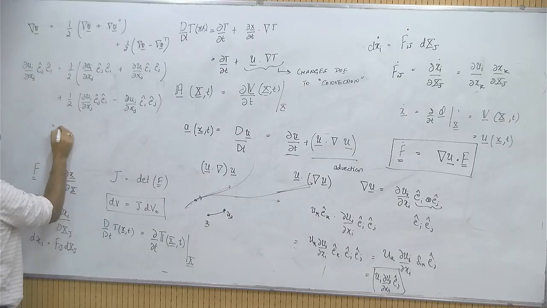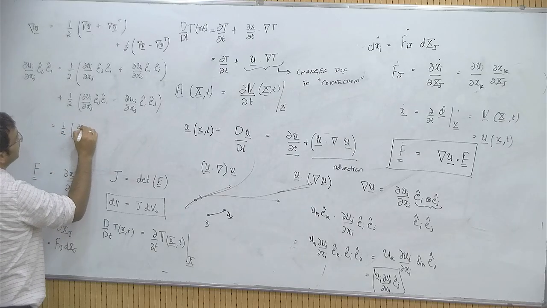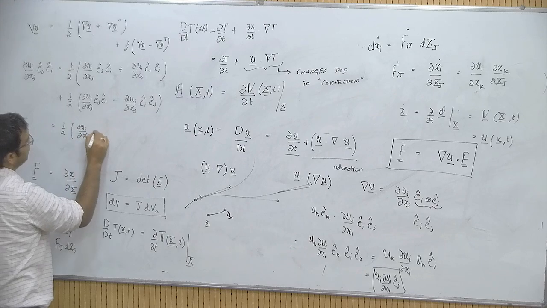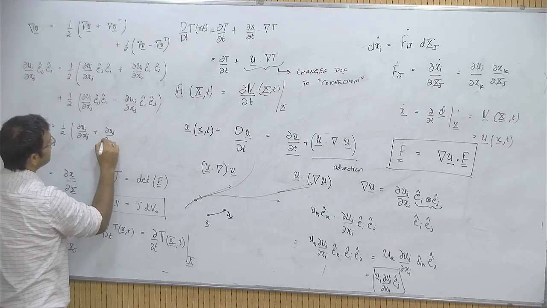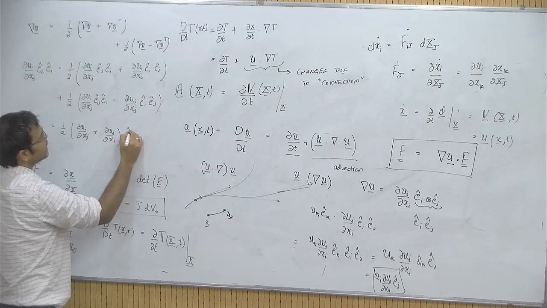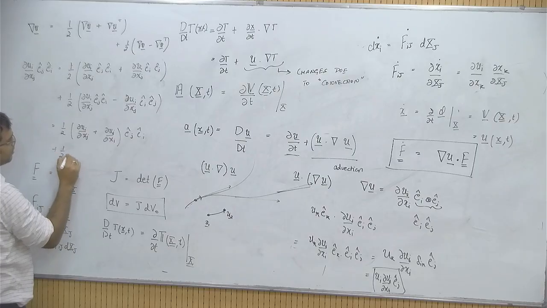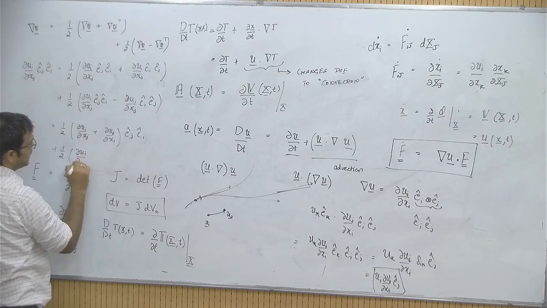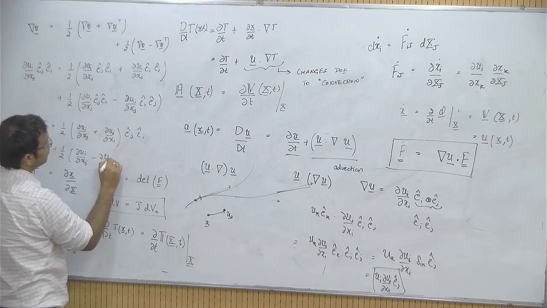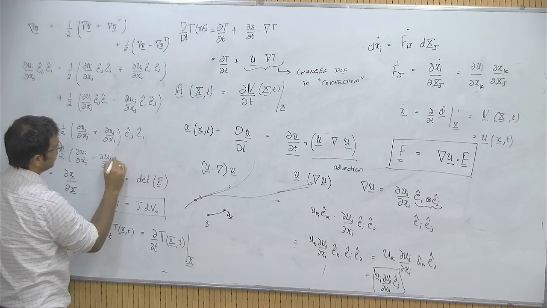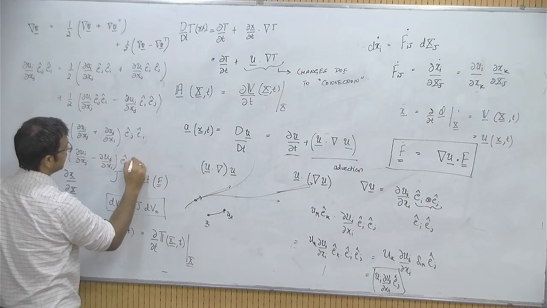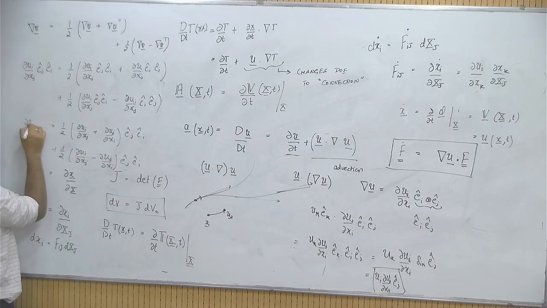So I will get half of del ui by del xj plus del uj by del xi times e hat j e hat i, plus half of del ui by del xj minus del uj by del xi e hat j e hat i, and on the left hand side we have del ui by del xj e hat j e hat i.